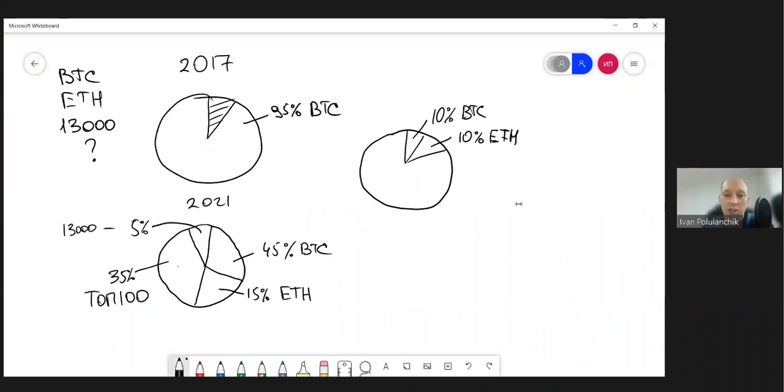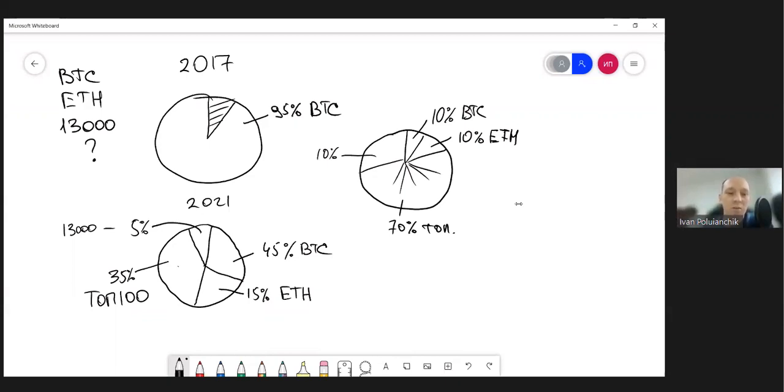And the major part of top 100 cryptocurrencies, this way or that way, they will divide the remaining part of the market. 70% is the share of top 100 cryptocurrencies, and the remaining 10% will be for other tokens.